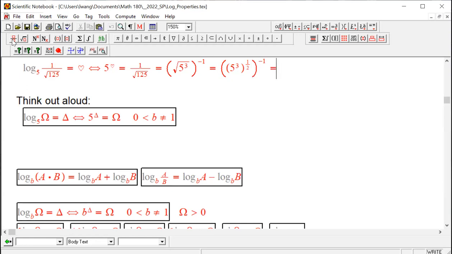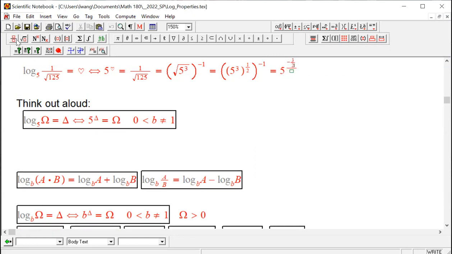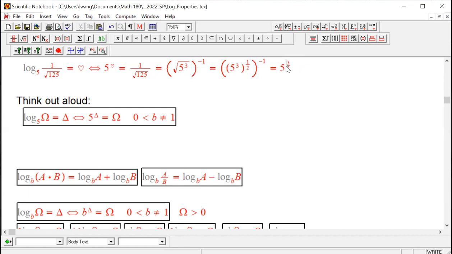Okay, so in the end, you're going to get 5 raised to the power of -3/2. Sorry, this is 2, and that's 3, and there's a negative sign in front of it.